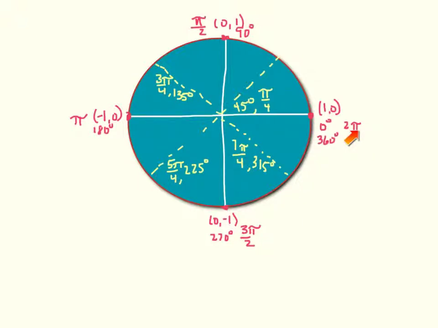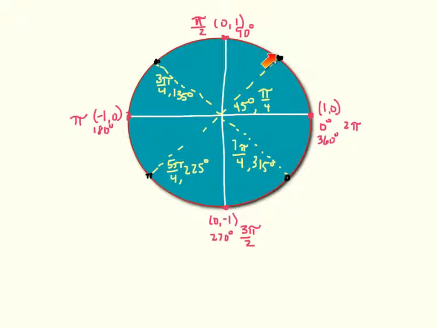So now, these points, the 1, 0, 0, 1, negative, those are all easy to find. I'm interested in what these points are, if I count by 45 degrees. So what I do is I zoom in and I imagine that I have a triangle right here.